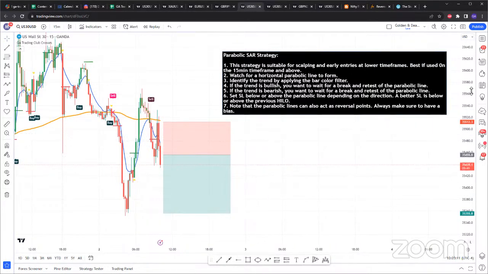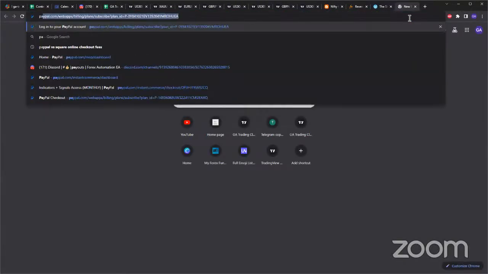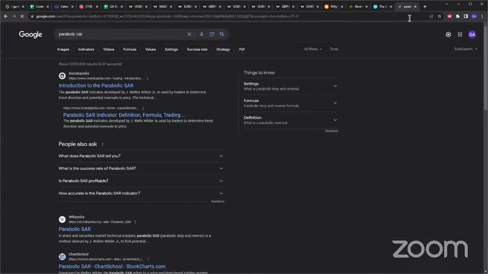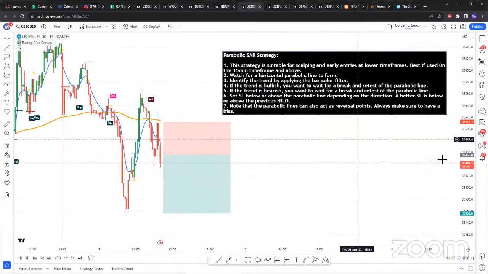What are these lines for? Is it like a support or resistance? Yeah, so you can look up parabolic SAR. There's a bunch of videos on YouTube, but most parabolic SAR indicators are normally dots. Ideally, yes, it's support and resistance in short.